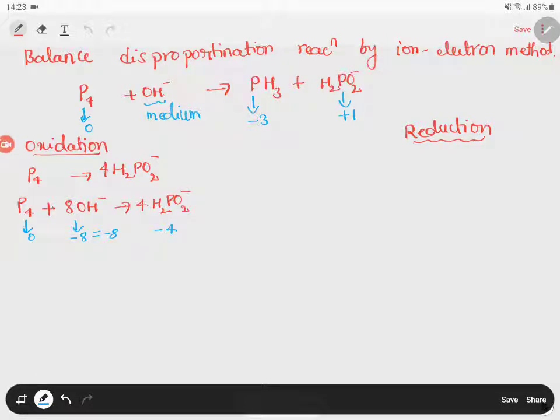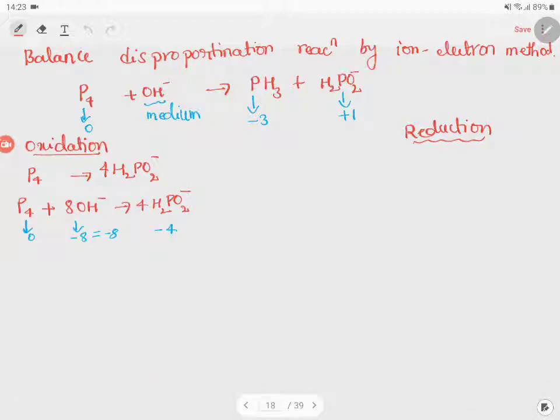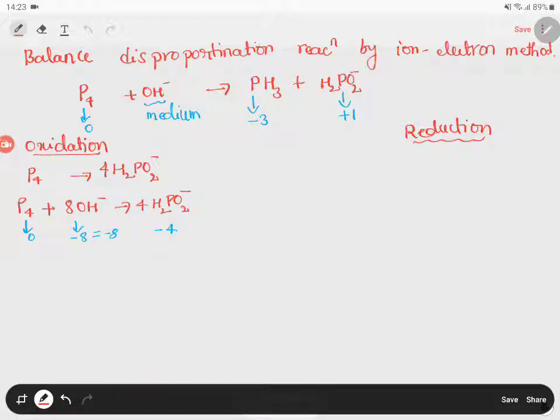Remember, whenever we have balanced with hydrogen, oxygen and the central atom, the charge has to be balanced by adding electrons. So where to add the electrons? That is also simple. If it is an oxidation reaction, look at how many charges are less. That many electrons should be added on the product side. If it is a reduction process, then add electrons on the reactant side.